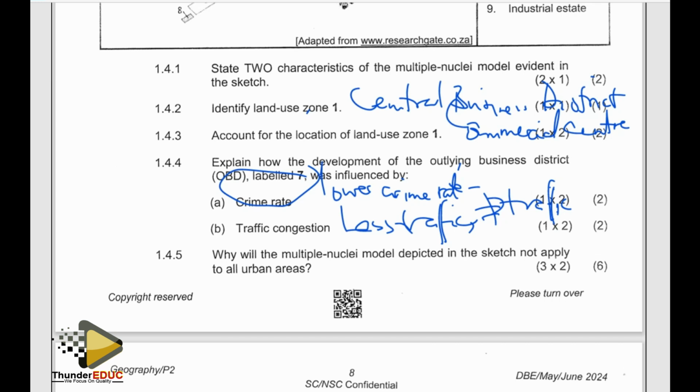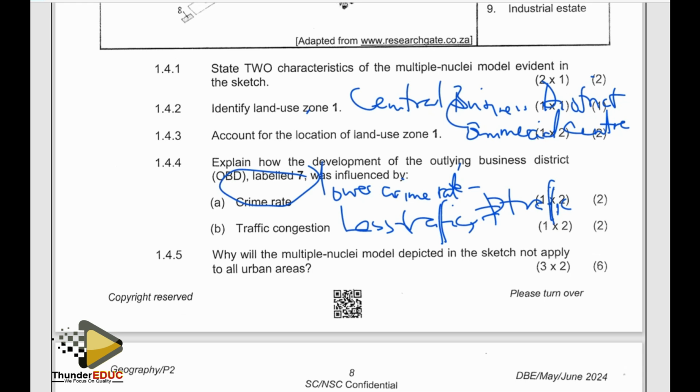Accessibility is easier because there's less traffic. It gives easier accessibility to people doing business there or customers who want to come and buy or acquire different services offered there. The roads are not congested. So in terms of traffic congestion, it's fine.